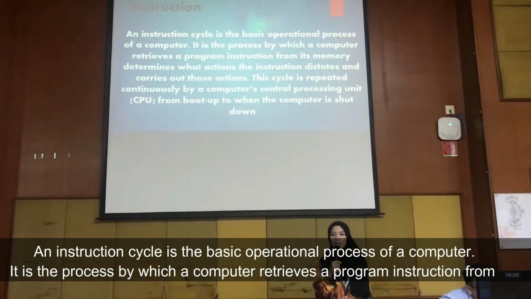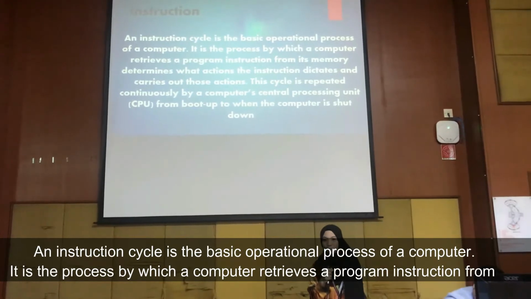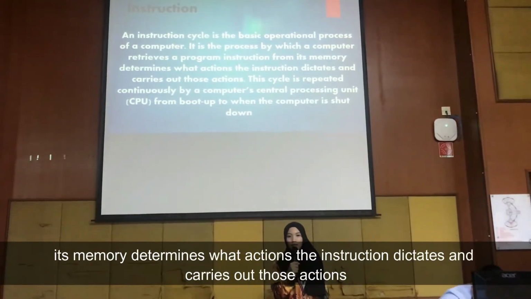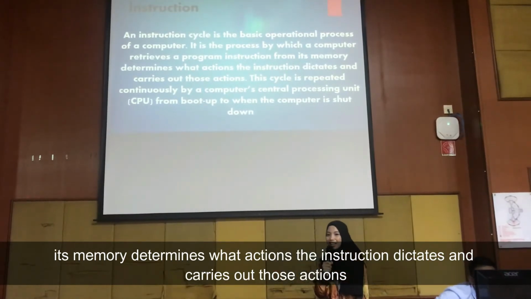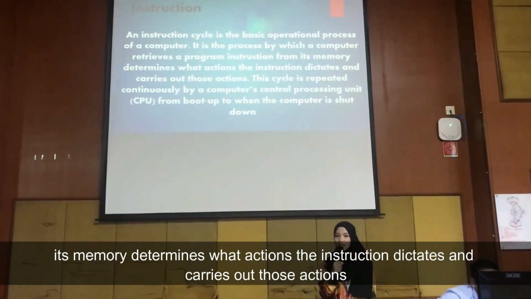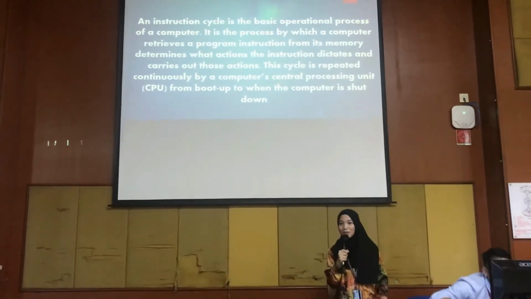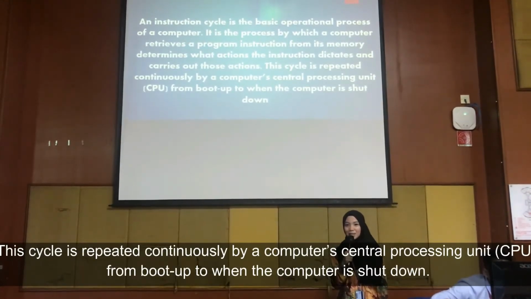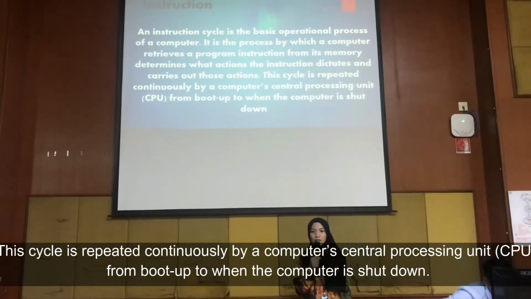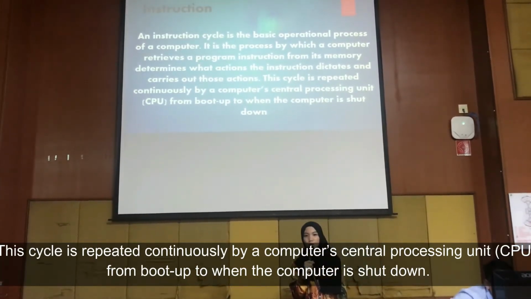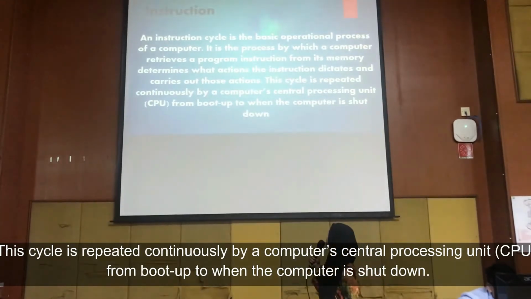It is a process by which a computer retrieves a program instruction from its memory, determines what action the instruction dictates, and carries out those actions. This cycle is repeated continuously by a computer's central processing unit, that's called CPU, from boot up to when the computer is shut down.